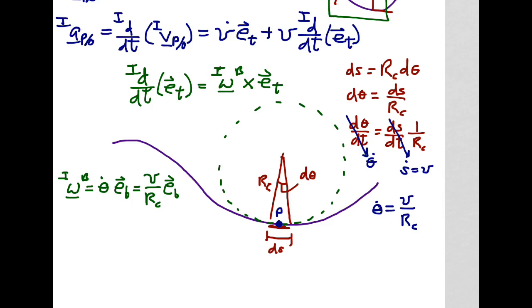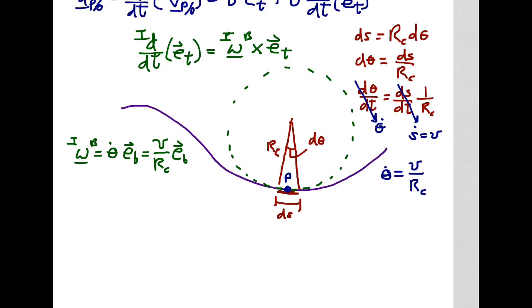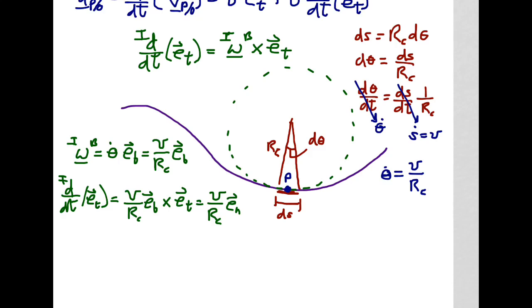And so continuing with our derivation, we're going to get the time derivative of e sub t is equal to v divided by the radius of curvature, or speed divided by radius of curvature, in the binormal direction, cross with e sub t, which is going to give us our speed divided by radius of curvature in the normal direction.